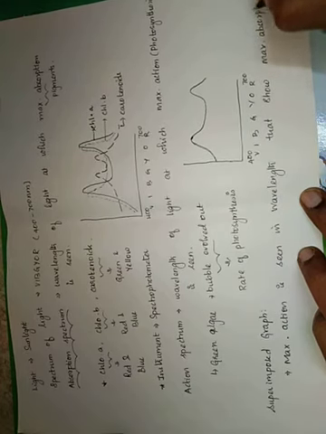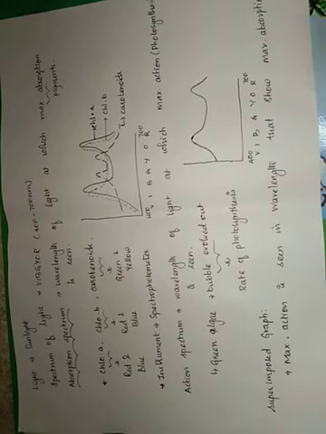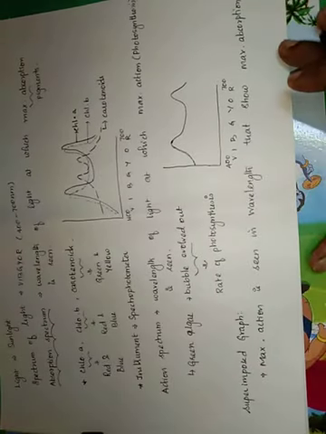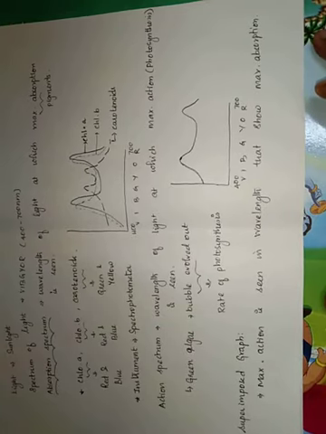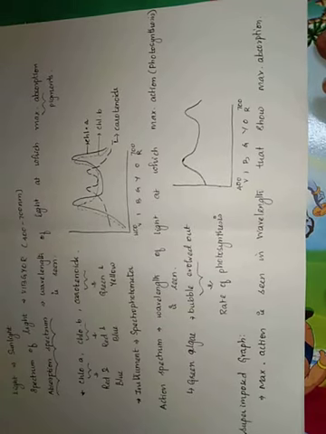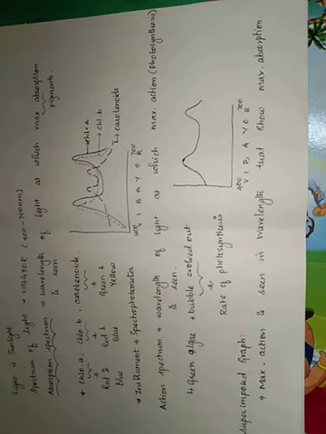So when there was maximum absorption of light, there was maximum action also. So maximum absorption results in maximum photosynthesis process. This was identified, or it was actually studied, and it was given by Emerson.